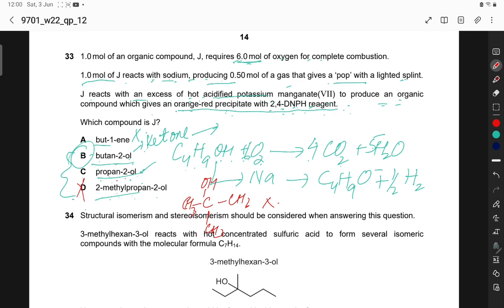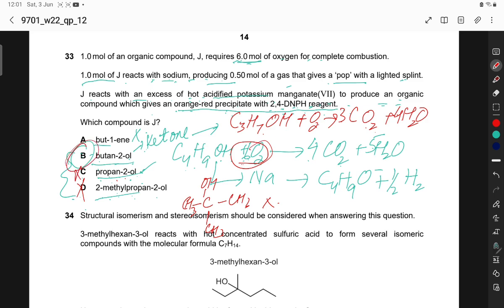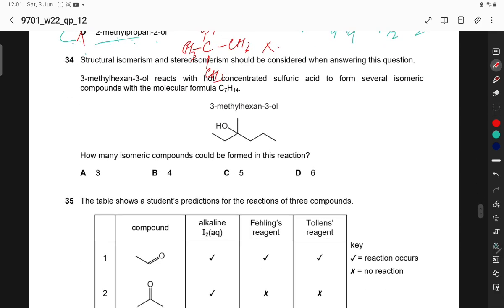And now propan-2-ol, C3H7OH plus oxygen to form CO2 plus water, 3 carbon, 7, 4 carbon 4, 3 twos are 6 and 4, 10, and oxygen is not balanced by using 6 moles of oxygen, so that's why this is also incorrect. So butan-2-ol is the best option.